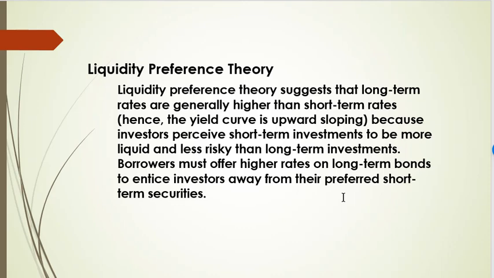This implies that just because of the liquidity preference theory, we should have an upward sloping curve. So if we think interest rates are going to rise, in general, because of that thought process and the liquidity preference theory, we would expect normally that the yield curve should be increasing.